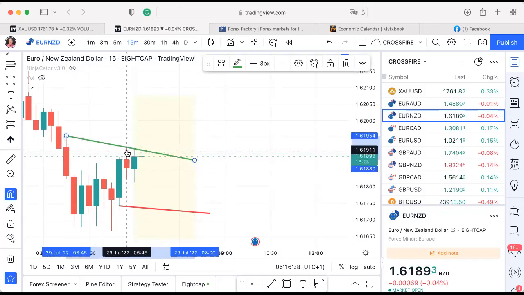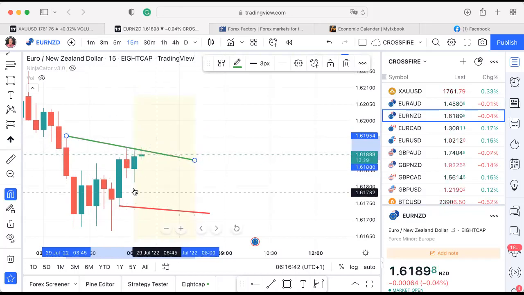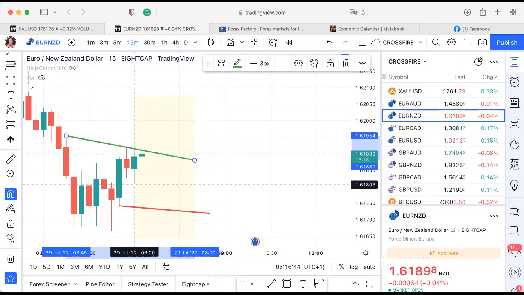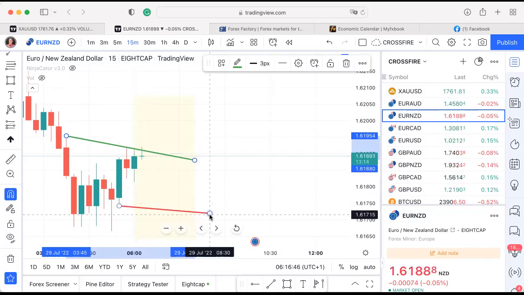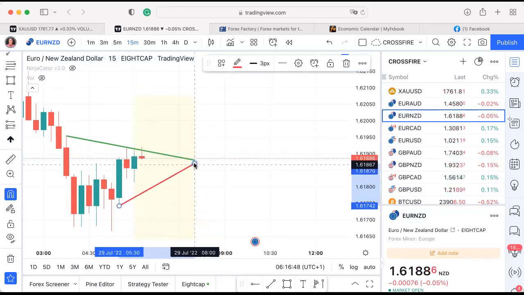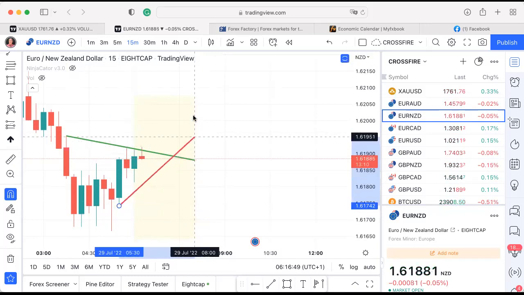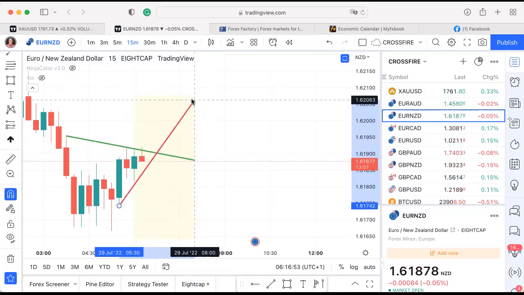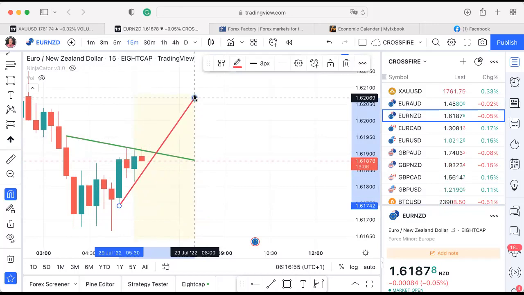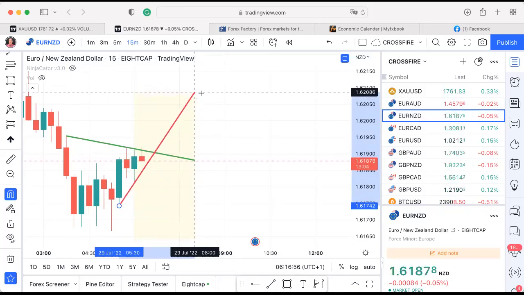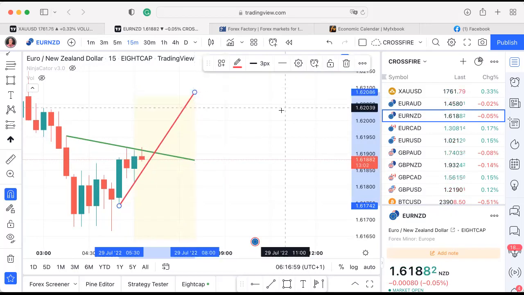It also appears to be touching that wick there. So that's fine. The bottom of the wick, look left, and it goes down to that one there. But don't get hung up on being 100% accurate.